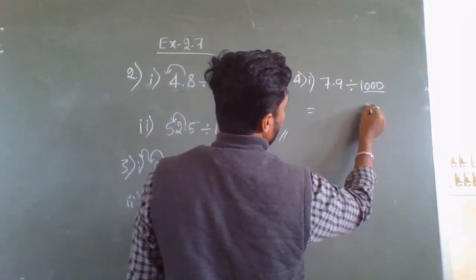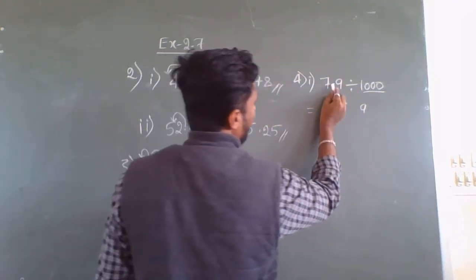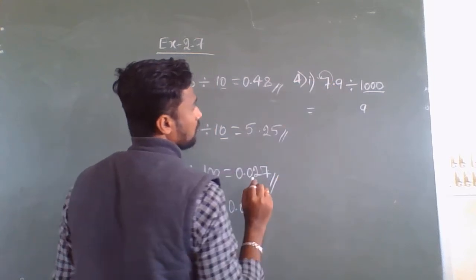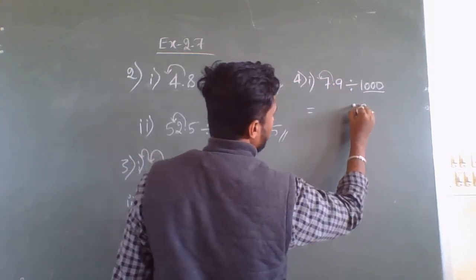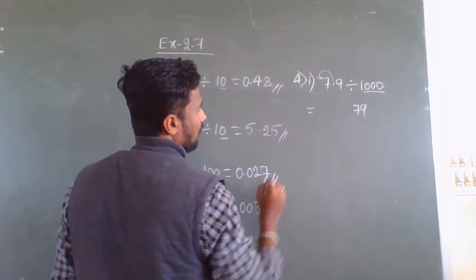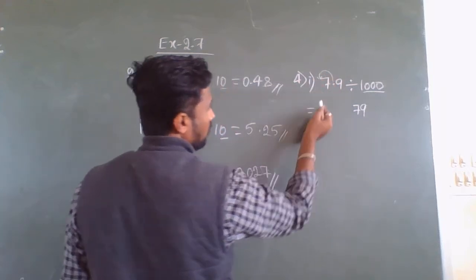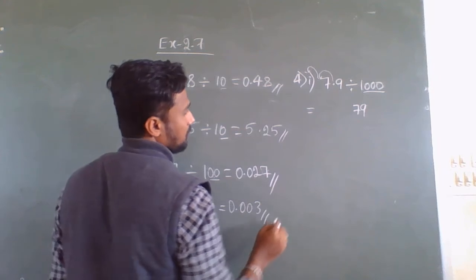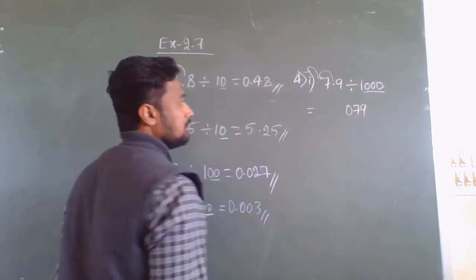First I will write this 9, and now if I move this decimal point one step towards left side, what will you get? 7. Again, after 7 there is no number, so you should consider 0 and move one step towards left side. So what will you get? 0.